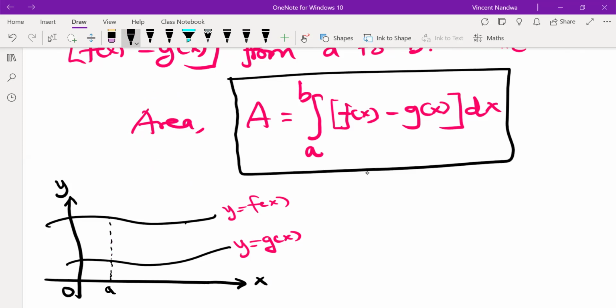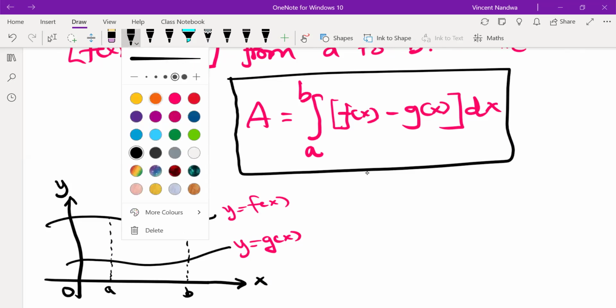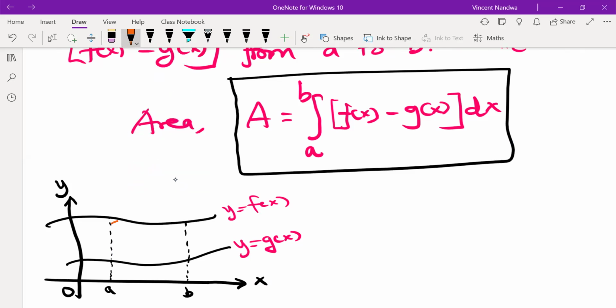So this is a. This is b. So we are talking of this area. So area is given by this formula, f of x minus g of x is integrated from a to b.